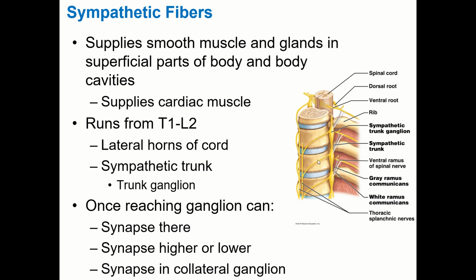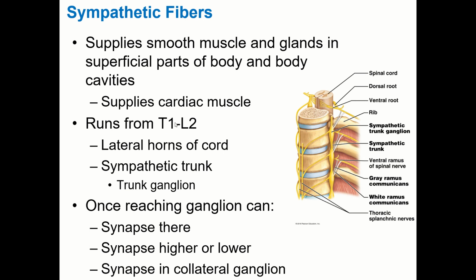Or rather than synapsing at that same trunk ganglion level, the pre-ganglionic axon can run into the trunk ganglion and then run either up or down that trunk. We see that especially with neurons that affect the head and neck, because the cell bodies only extend as high as T1.